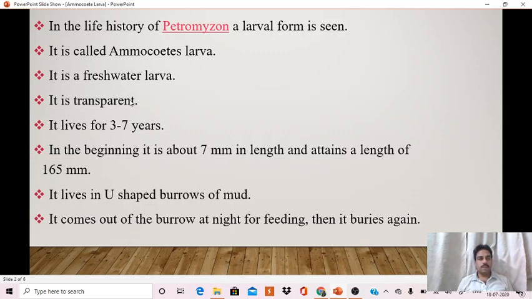Then it is transparent. It lives for 3 to 7 years. In the beginning, it is about 7 millimeter in length and attains a length of 165 millimeter at maturity.